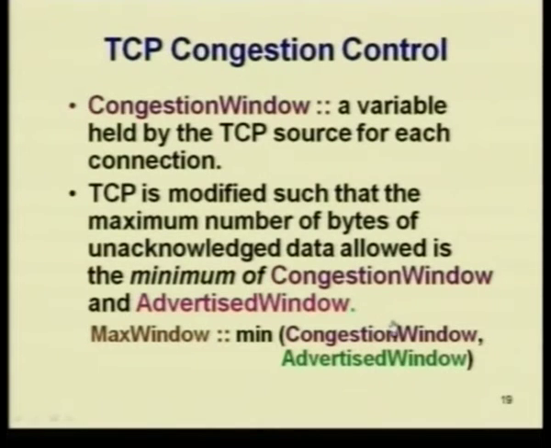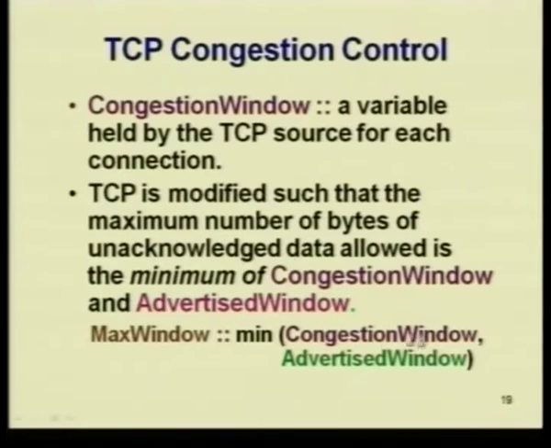Okay, we will come to how the congestion window is set shortly, but for now just understand that I have one more factor to consider, which is set based on congestion in the network, which is the congestion window. So we take the minimum of congestion window and advertised window and set that as the window size. It is based on this that the effective number of bytes that can be transmitted in the network is calculated.